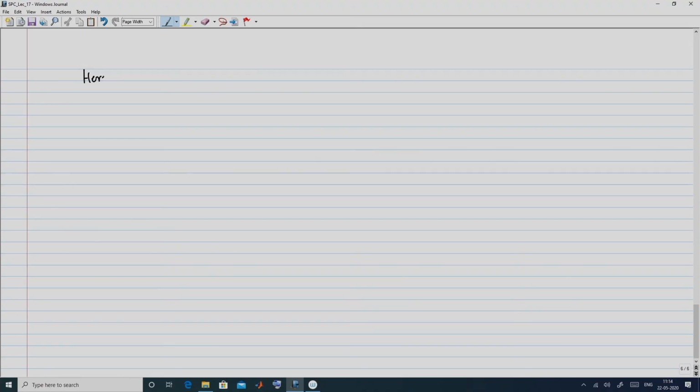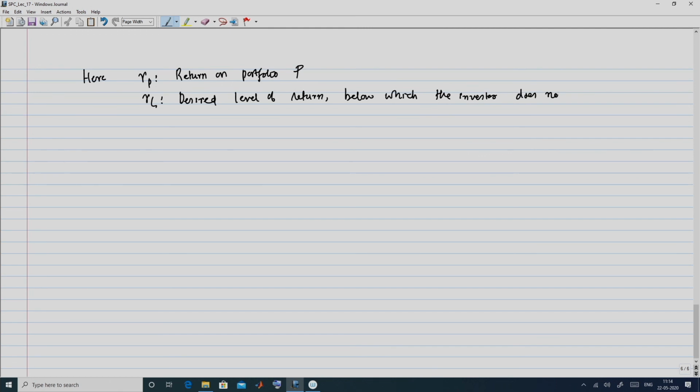So, here we have introduced certain notations. The first one is RP, which is nothing but the return on portfolio P. RL, your target return, is your desired level of return below which the investor does not wish to fall.